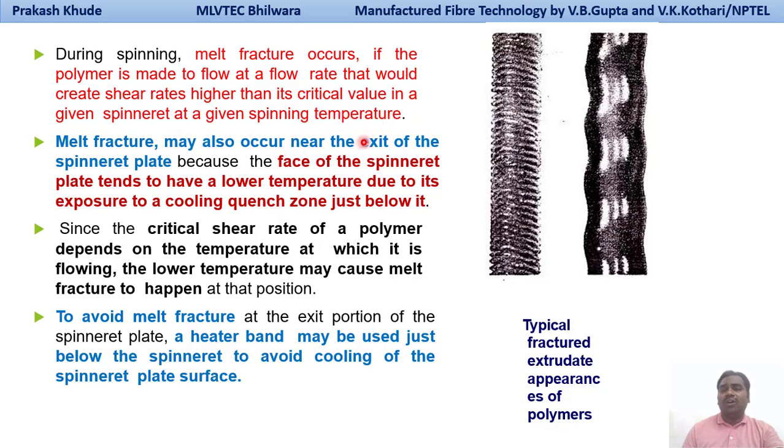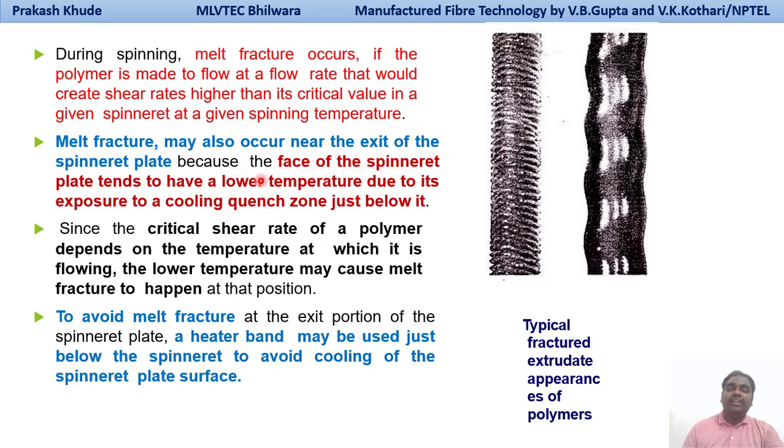This melt fracture normally occurs near the exit of the spinneret plate because the face of the spinneret plate tends to have a low temperature due to its exposure to the cooling quenching zone just below the spinneret.